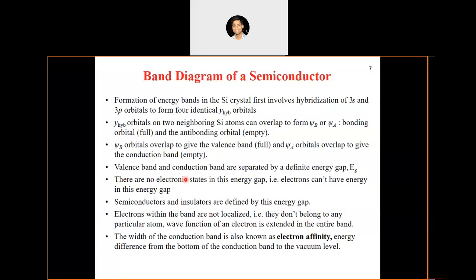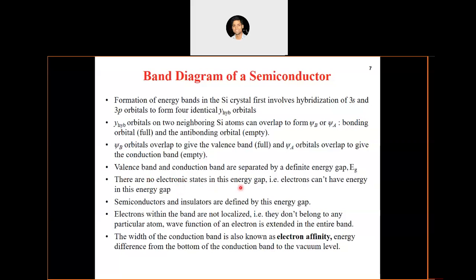Usually for semiconductors the band gap value is less than 10 electron volts, roughly speaking. But in the case of insulators, the band gap value will be much higher than that, so that for all practical purposes there are no electrons in the conduction band.